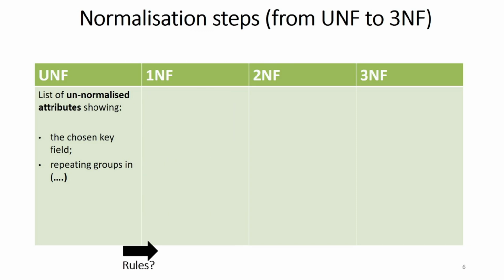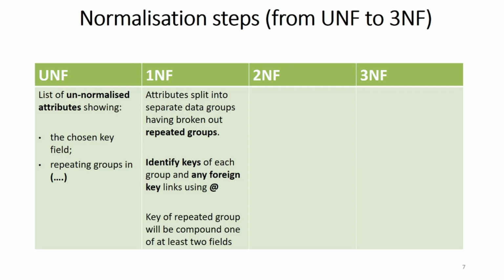The rule that we are going to use for converting this UNF to first normal form would be this one. What is this? We're going to look at this list, identify the repeated groups, and then split these attributes into two different groups.